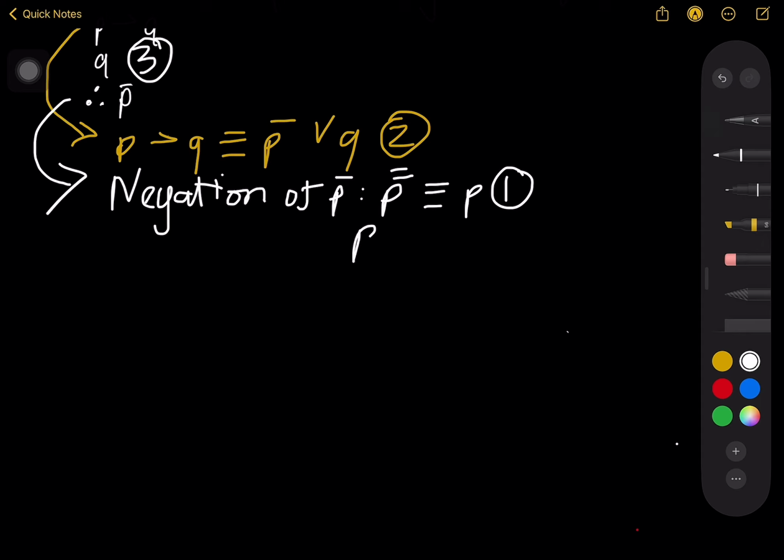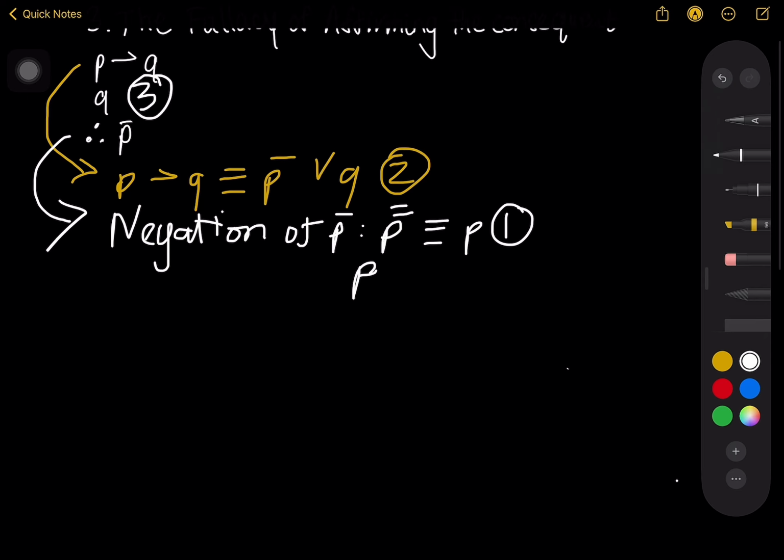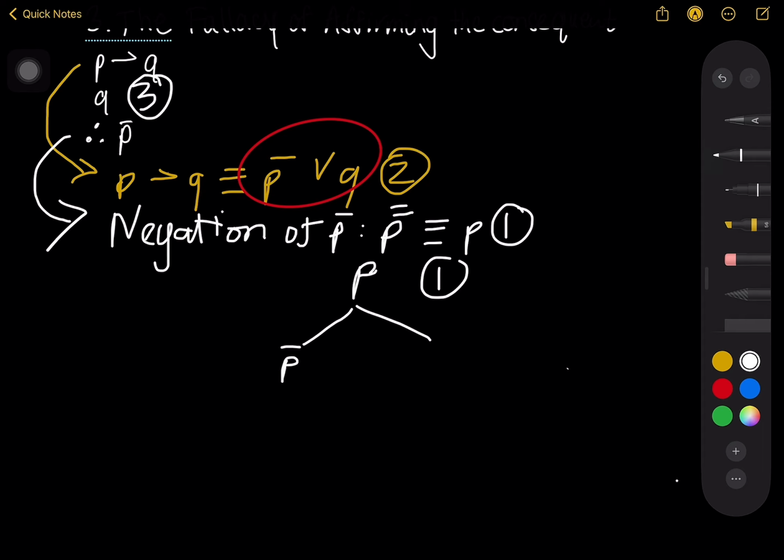Now we have P up here, second line, not P or Q. Split it up into two branches: not P or Q.